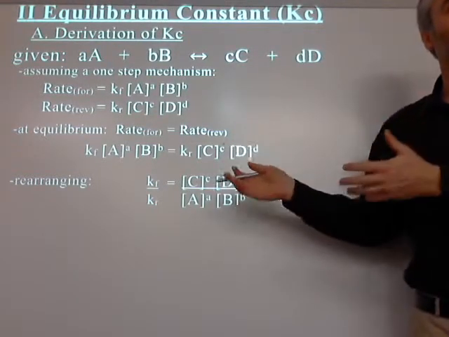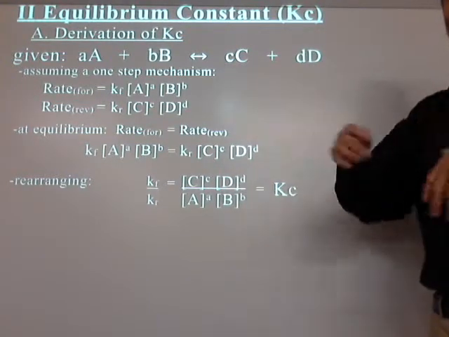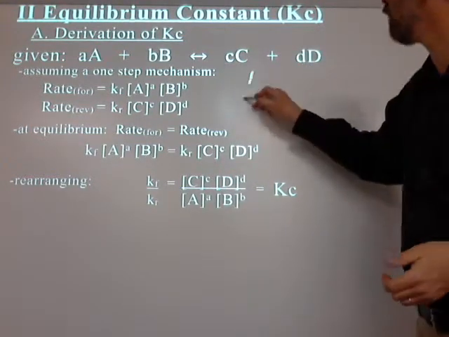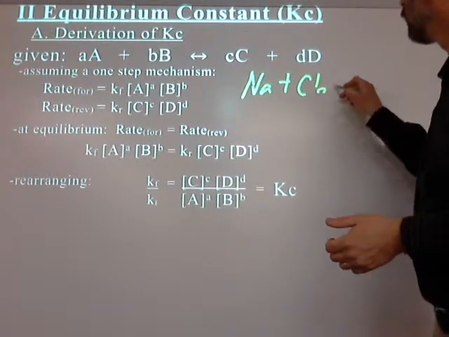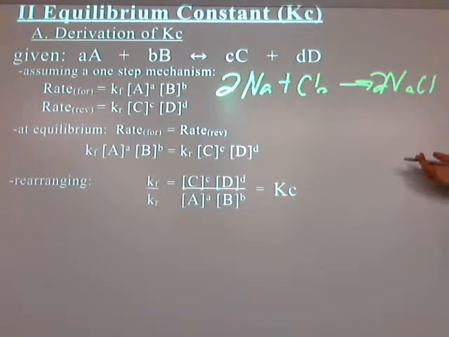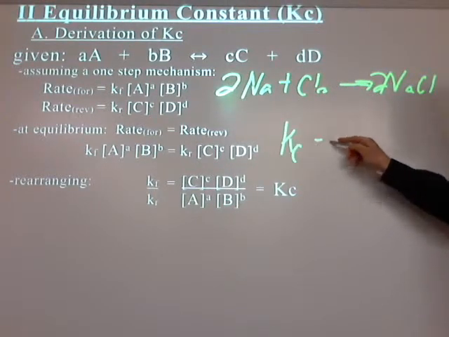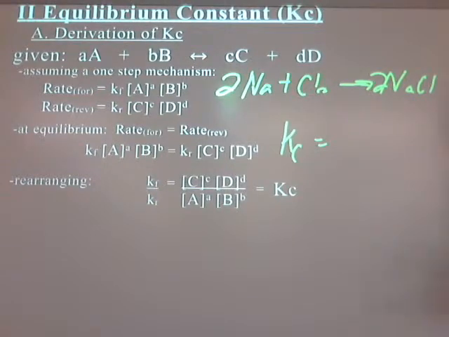All right. At this point, I'm going to have you guys do those problems for homework. I even said this. I did all this, including what I'm about to do now. So if I've got sodium plus chlorine yields sodium chloride, and there's your equation, if I wanted to set up the equilibrium expression for that equation, it's not an equilibrium problem, by the way, but if it were, what would it look like? What would Kc be for that problem?